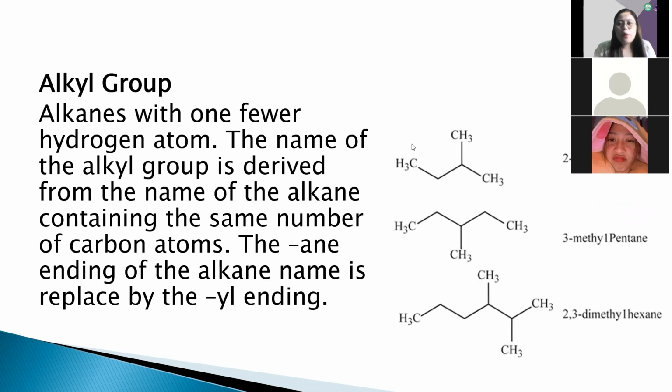Okay? Now, we also have the so-called alkyl groups for our alkane. Pag naging alkyl siya, class, it means minusan siya ng isang hydrogen, kasi isa-substitute siya with another atom. Another atom, it can be another carbon, basta it's not hydrogen. So ano nangyari for the alkyl?